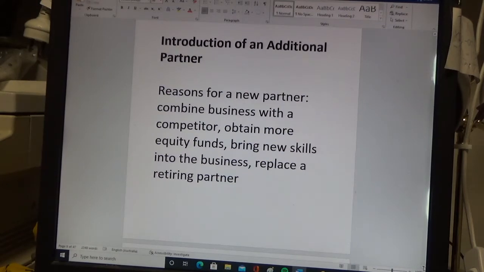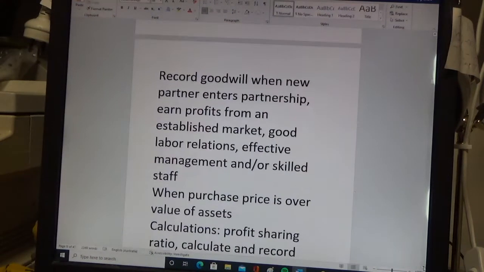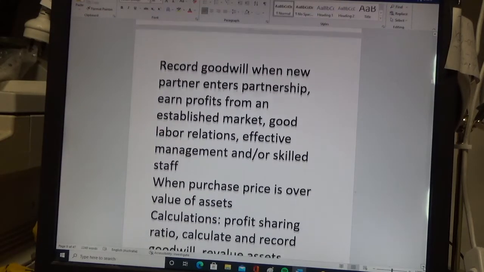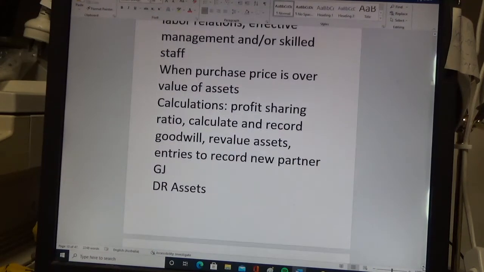They might want to bring funds and bring new skills. Perhaps a partner is retiring, and they're bringing management skills. And if the purchase price is over the value of the assets, as we mentioned, there's goodwill which has to be recorded, and I'll get to that journal entry.